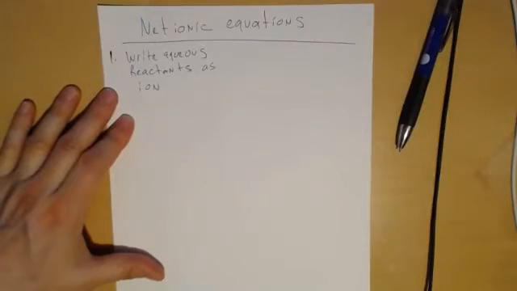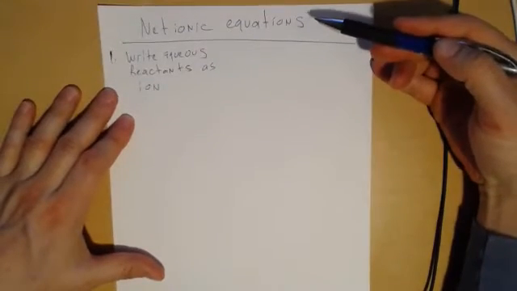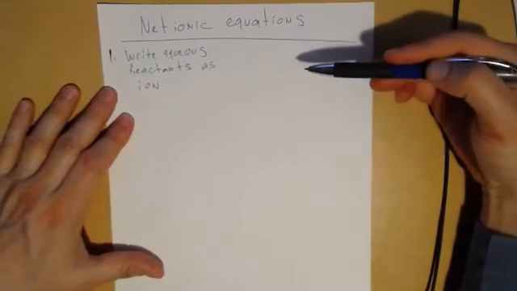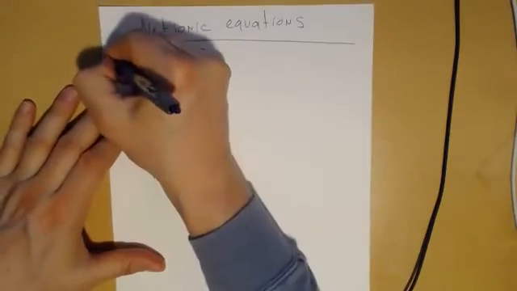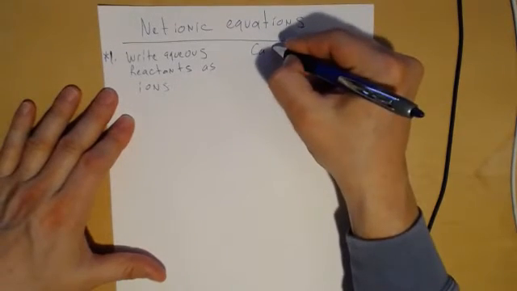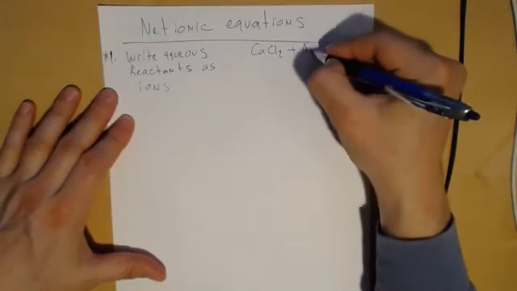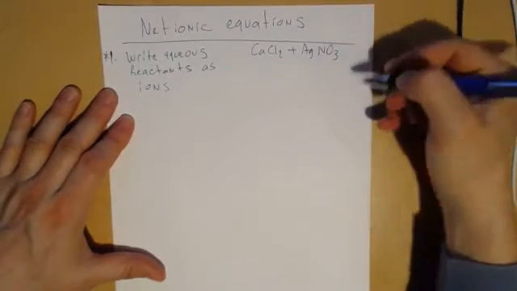Okay, so doing net ionic equations, I'm going to go through the quick case again. You want to write aqueous reactants as ions. This is actually one of the hardest steps. So let's say I have calcium chloride and I'm reacting with silver nitrate.